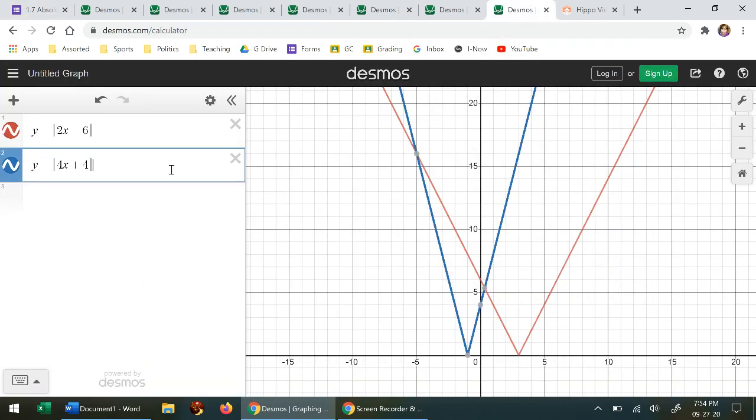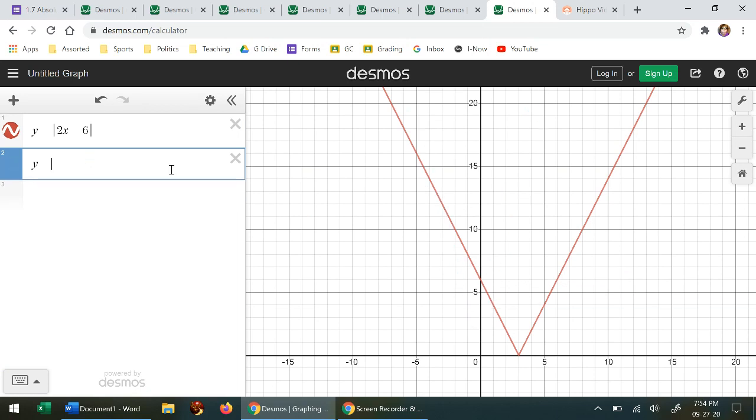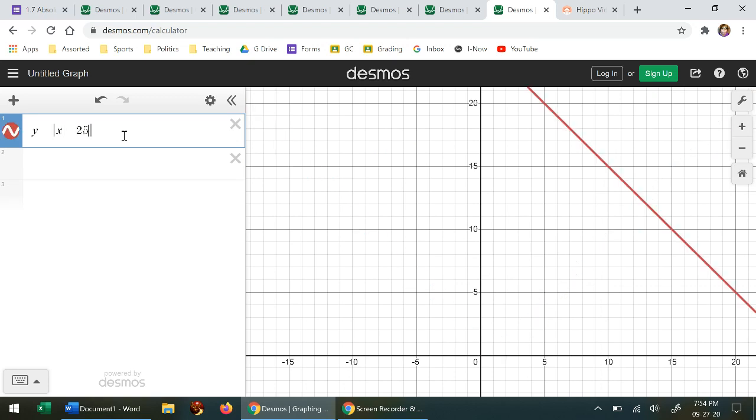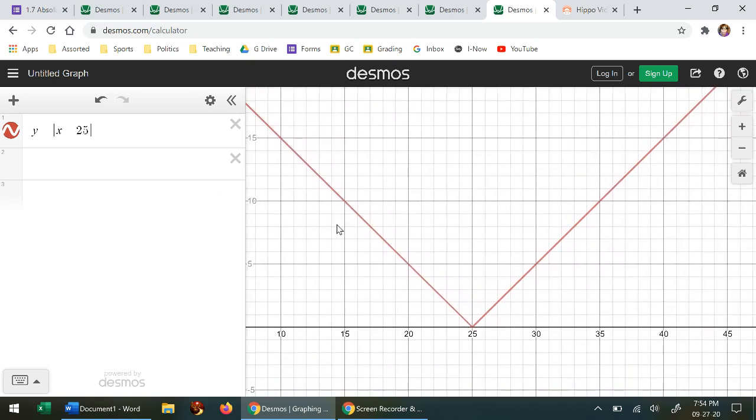The first thing we need to get is how it differs from the center weight, which is 25 pounds. So to type that in, you need y equals the absolute value of x minus 25. And you'll notice that that makes the graph go off to the right, so we can click and drag the graph over here. We need one more thing though.